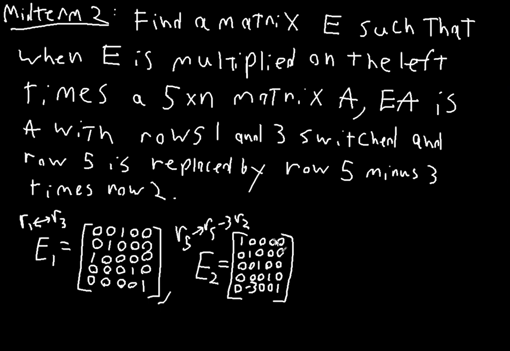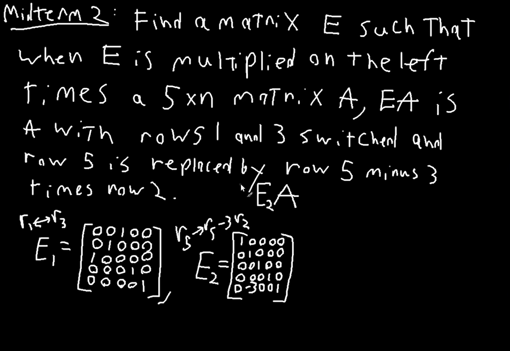Now, to put these two together, what we have to realize is that we want to take our matrix A, and we want to both swap row 1 and row 3 and replace row 5 by row 5 minus 3 times row 2. So if I multiply on the left by E2, this is going to take A and replace row 5 by row 5 minus 3 times row 2.